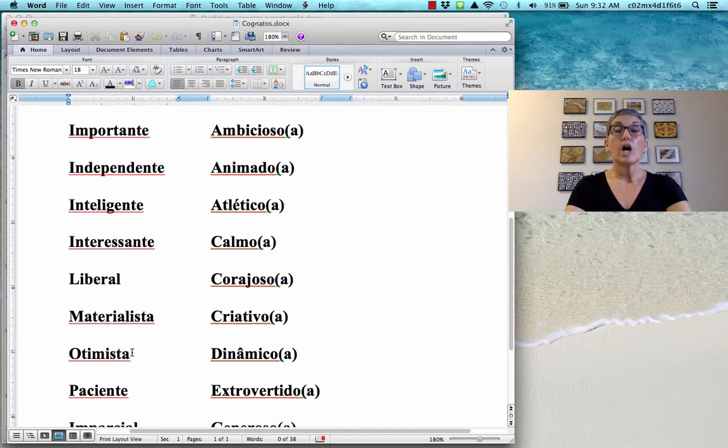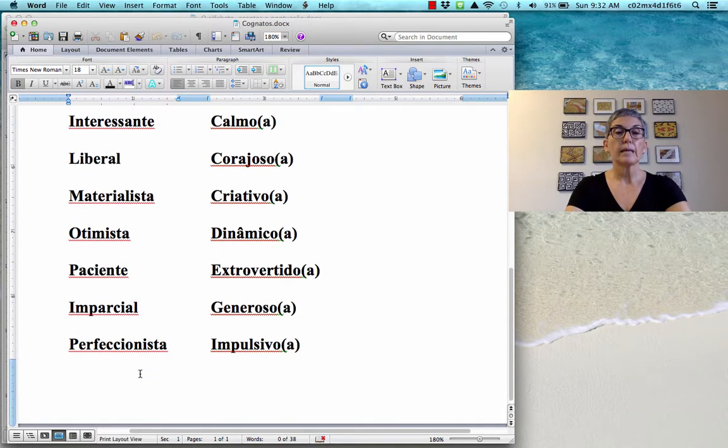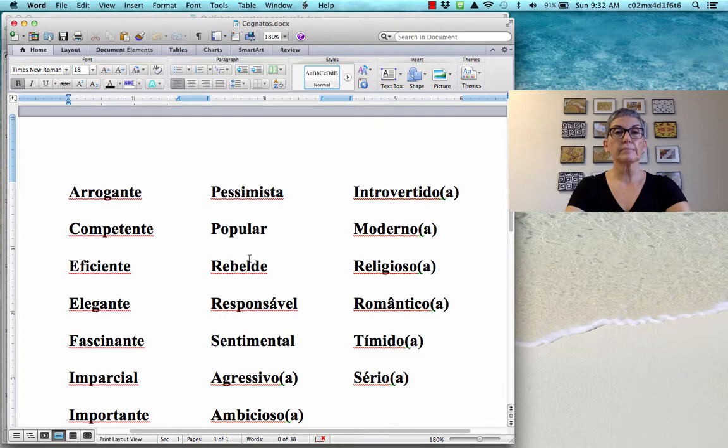Materialista, otimista, paciente, imparcial, perfeccionista, pessimista, popular, rebelde.